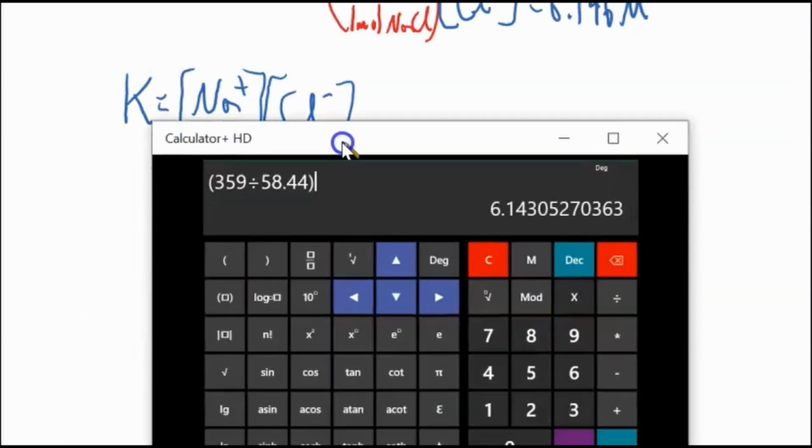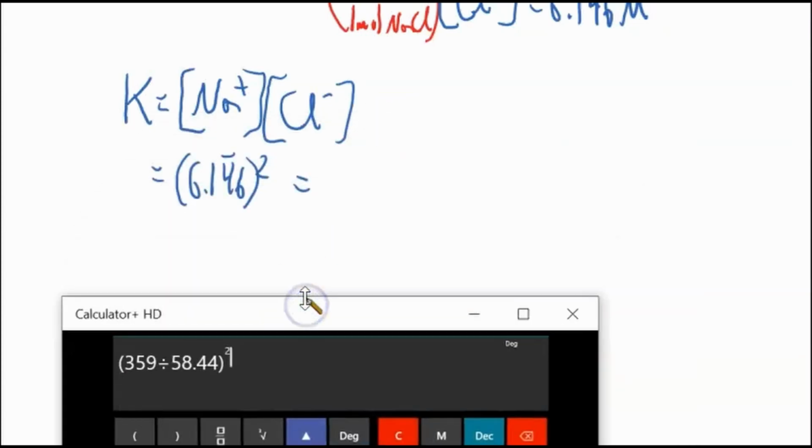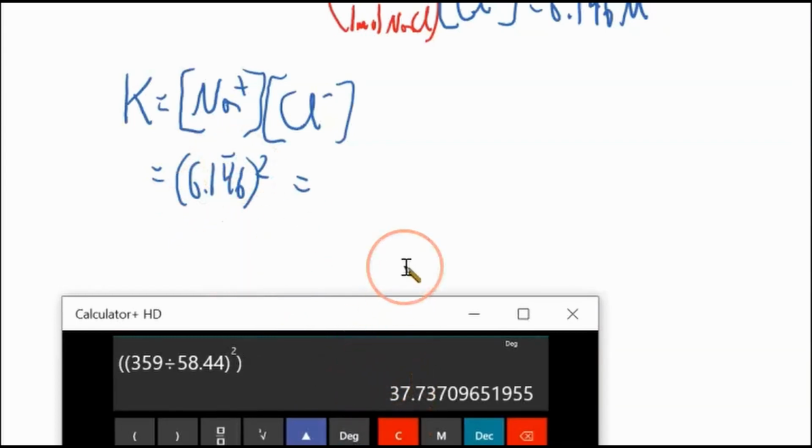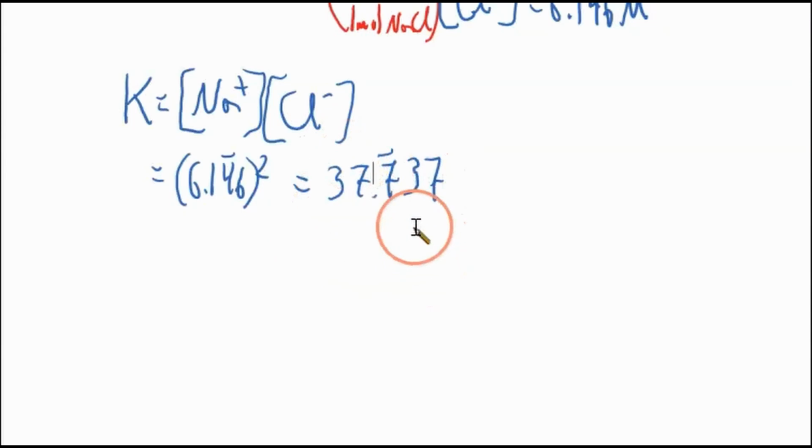Oh, you know what? I can just take the number I had and square it. Okay, and that looks like it's squared. 6 squared is 36, so a little bit higher. So 37.737. Okay, so that's our equilibrium constant.